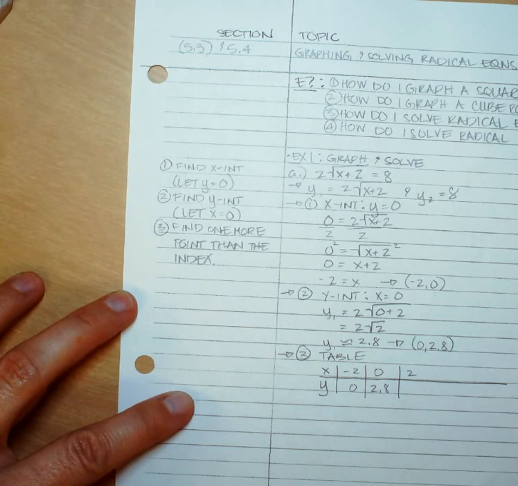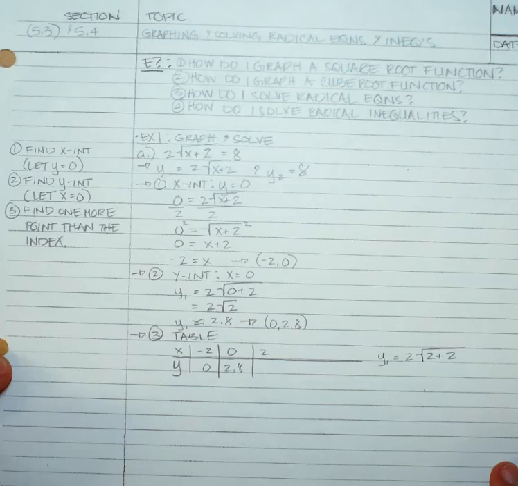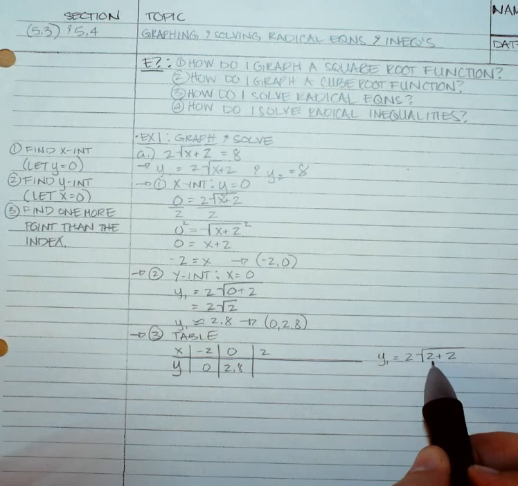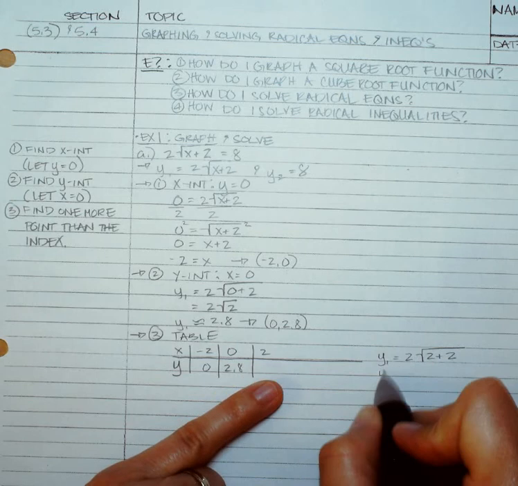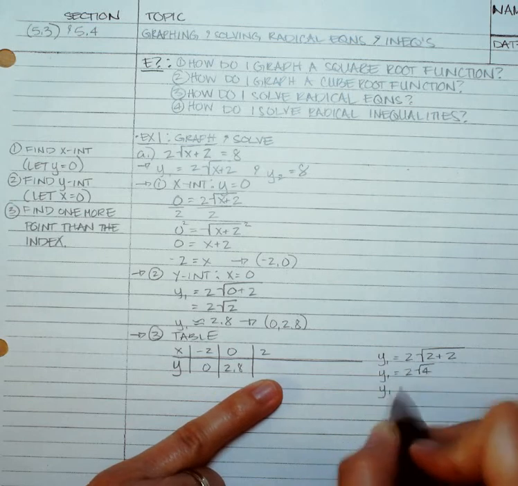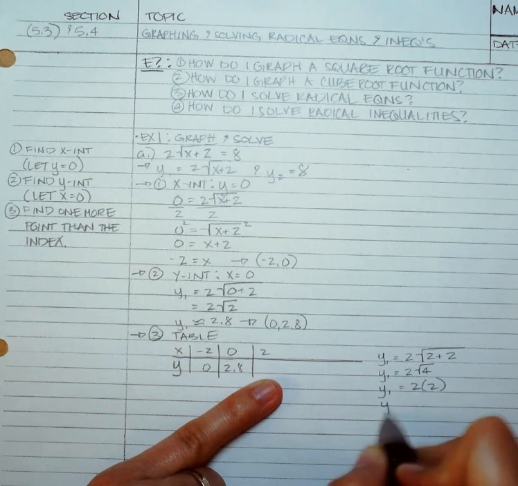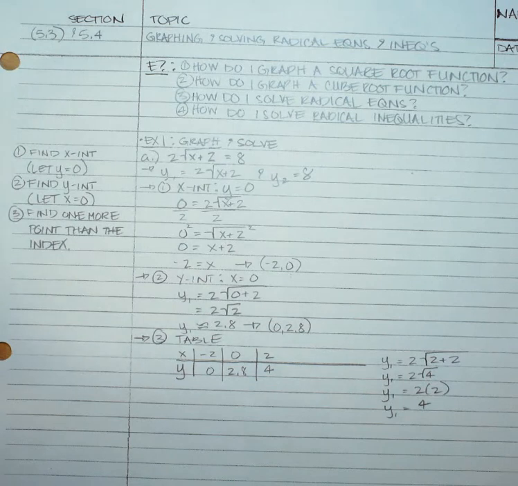So plugging in, we'll have y1 equals 2 times the square root of 2 plus 2. This will simplify to y1 equals 2 times the square root of 4, which is going to be 2 times 2, and that's 4. So there's our third point.